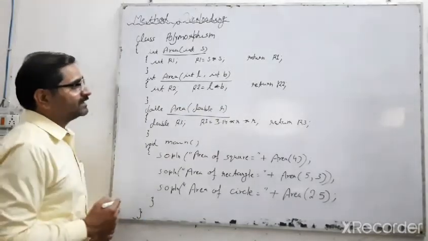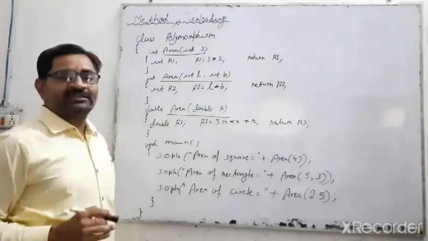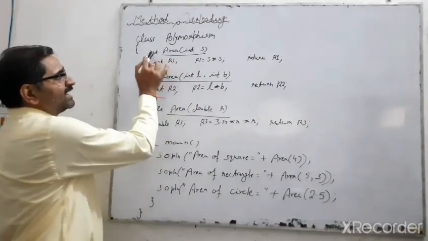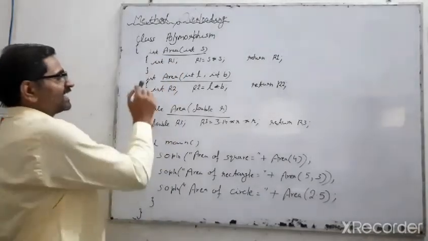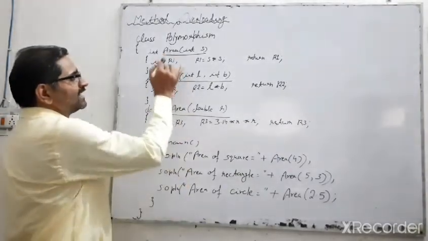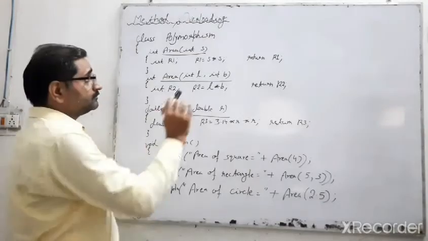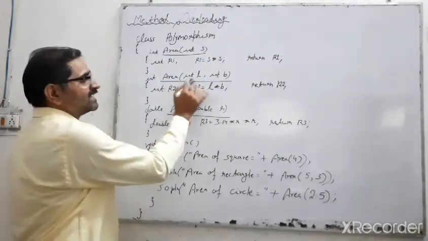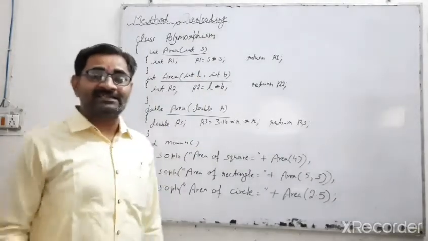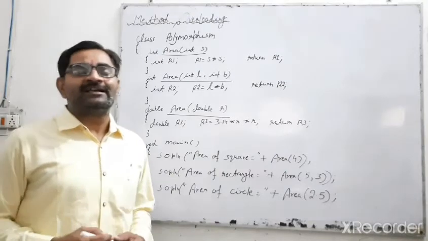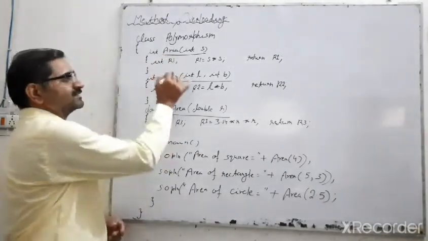Now you can see what the difference is among these methods. The first method returns an integer value. The second method also returns an integer value. The method name is the same. The first contains one integer parameter and the second contains two integer parameters. This is the difference, and because of this difference, the compiler differentiates both methods.